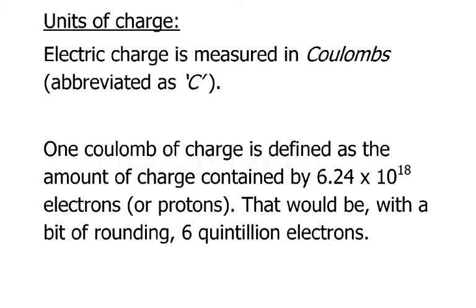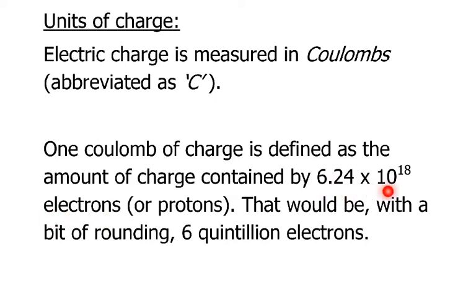1 coulomb of charge is defined as the amount of charge contained by, get this, 6.24 times 10 to the 18th electrons. Or protons, charged particles. So an electron has a charge of, let's just say 1 unit.